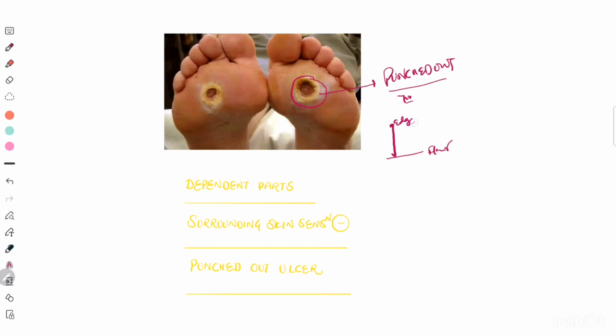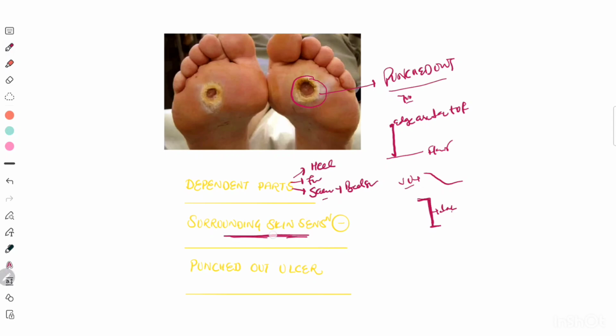So the edges are perpendicular to the floor. In a venous ulcer, the edges were sloping like this, but here they are like this. So these are perpendicular. They mainly present at dependent parts, like here at the heel, foot, it can be at the sacrum as a bed sore. So this type of ulcer mainly presents at the dependent part.